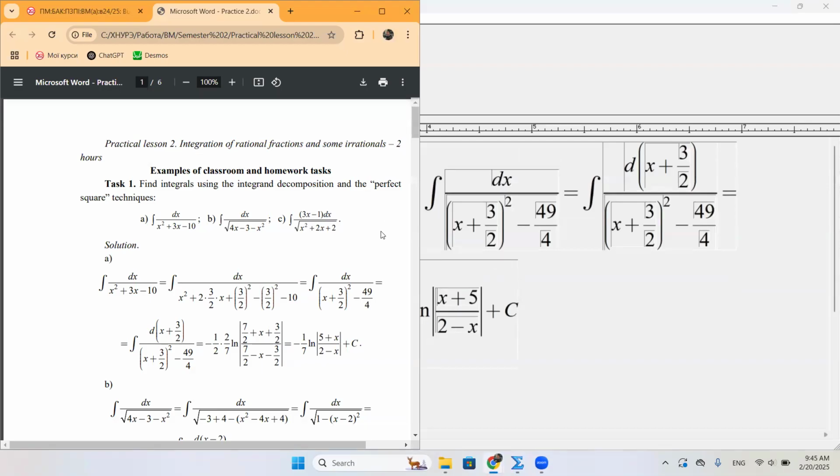Now part C is more interesting. B is analogous to A, but we have an irrational fraction as well. You already know the idea: just extract a perfect square and then transform it to the table integral.